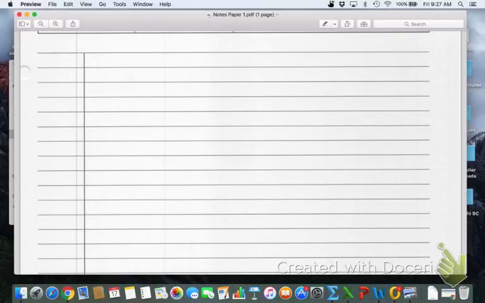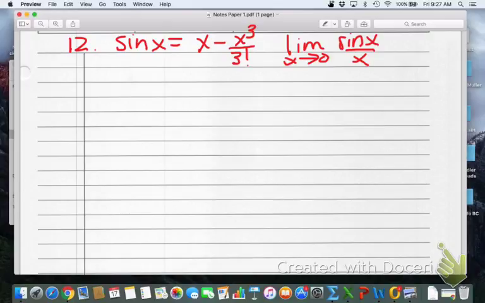All right, now if you'll turn, let's do number 12 on your worksheet. Okay, so it gives you the first two terms of the Taylor polynomial for sine x. All right, so this is what's given, and it asks you to use that to help prove this is true.